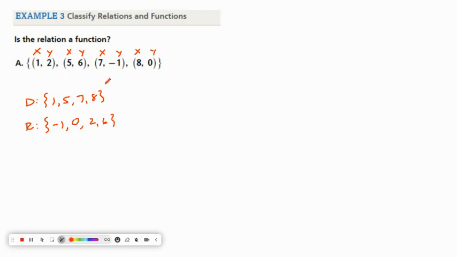Now, for this problem, the easiest way to determine whether a list of ordered pairs is a function or not is to ask yourself, do any x values repeat?